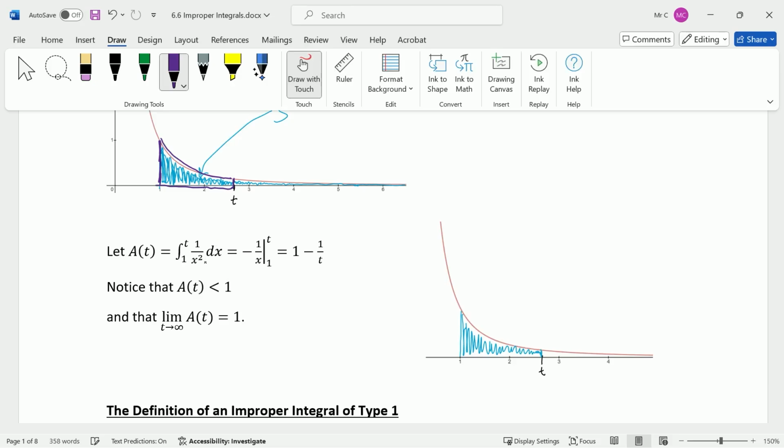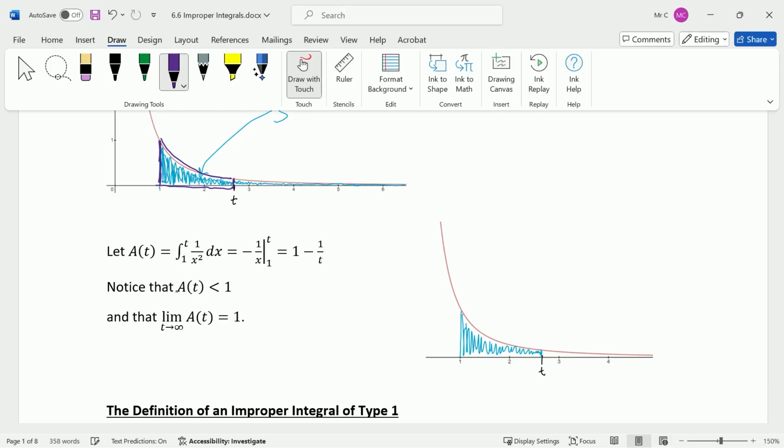And what do I get? I get negative 1 over x, evaluated from 1 to t. And then we plug in and we get 1 minus 1 over t. So when I plug in the t, I get a negative 1 over t, and then a minus the negative 1. And so then we get a positive 1.